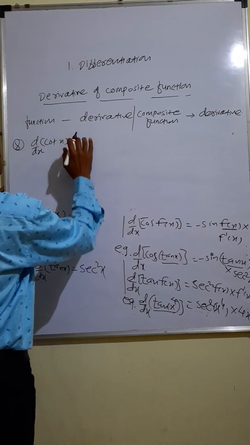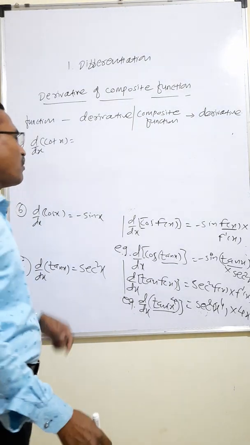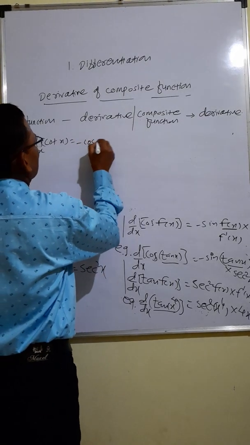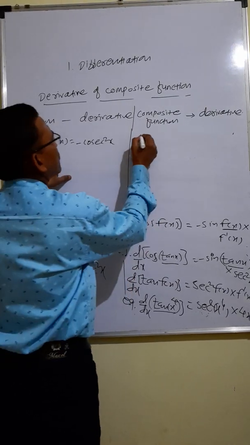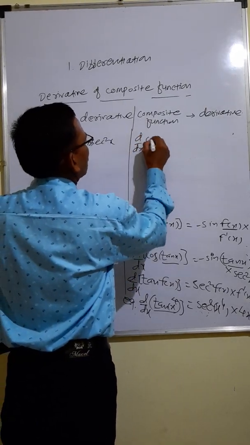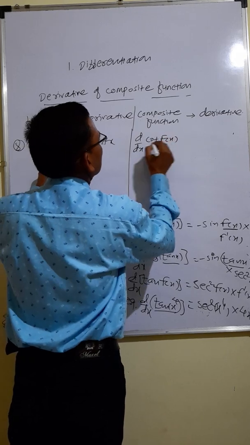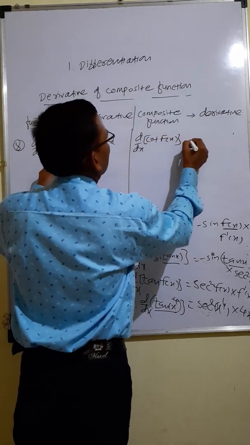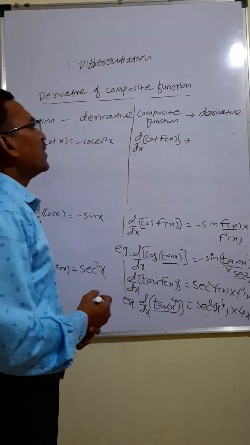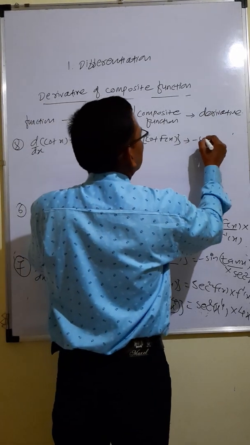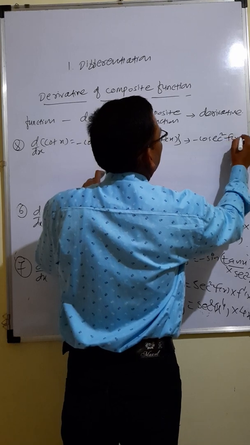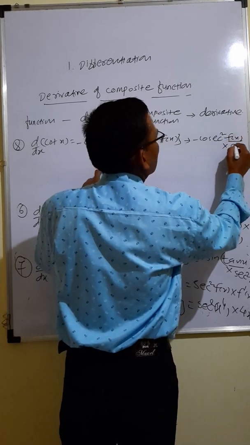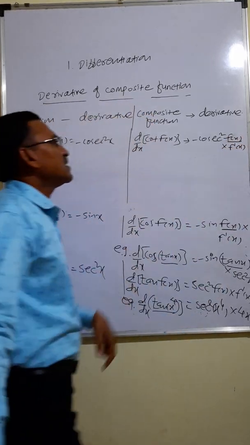We know that the derivative of cot x is minus cosec square x. In the same way, for the composite function, the derivative of cot of f of x is equal to minus cosec square f of x into the derivative of f of x, which is f dash x.